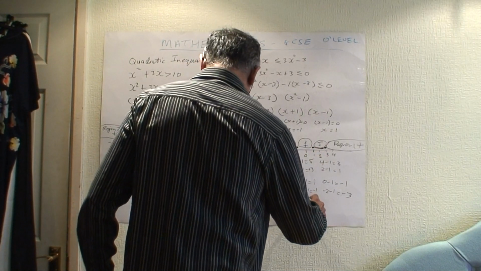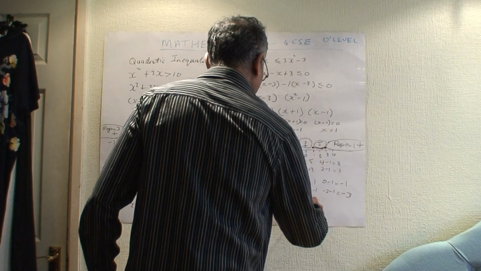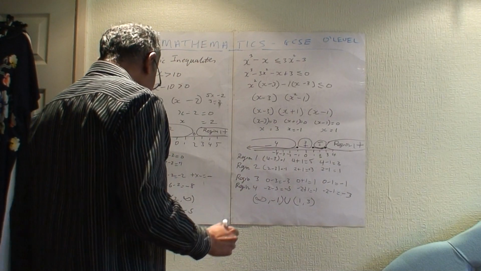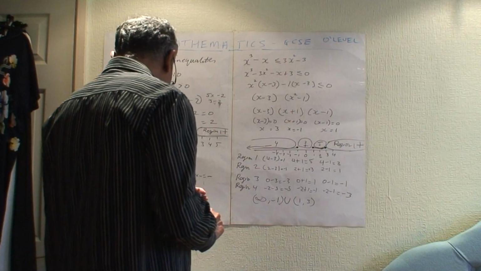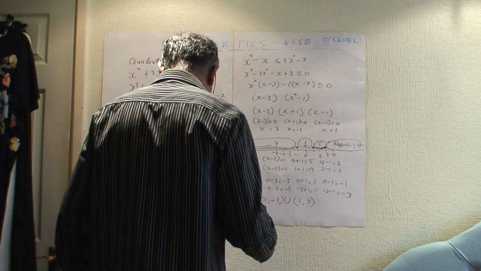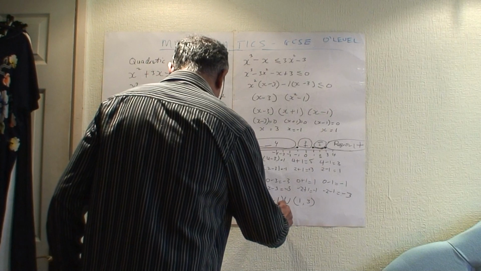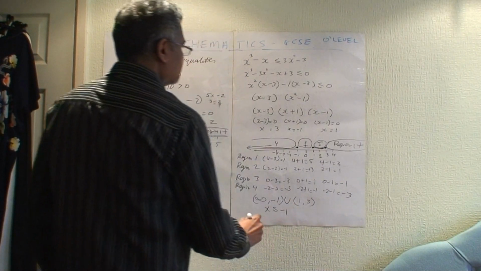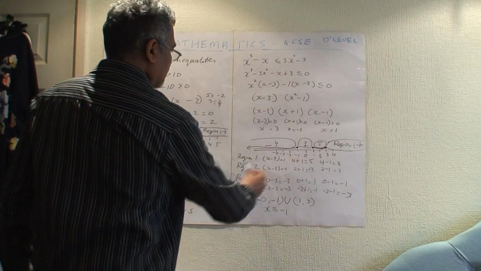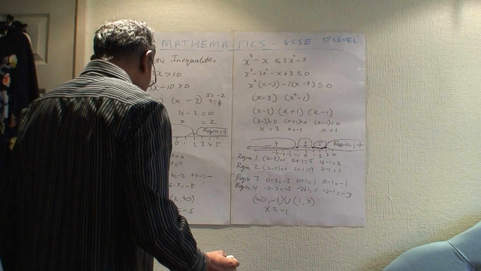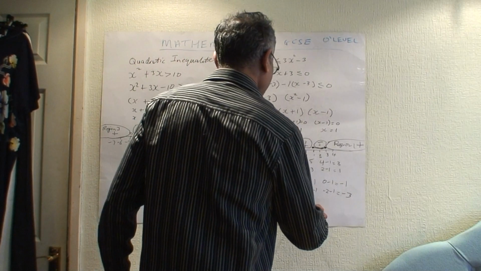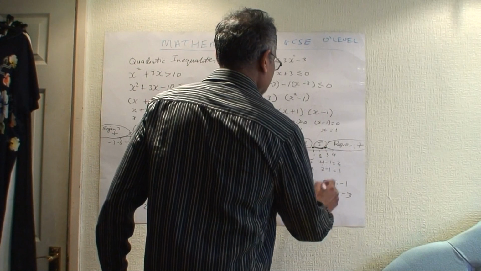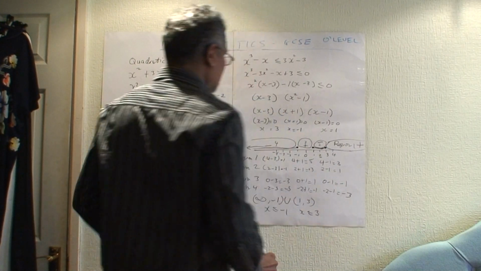And if you want to answer that using inequalities, we will say x is less than or equal to minus 1, which is from here. We can also say x is less than or equal to 3.